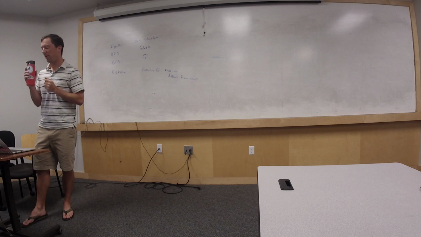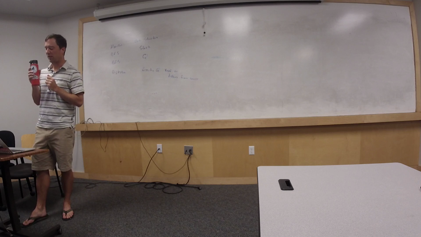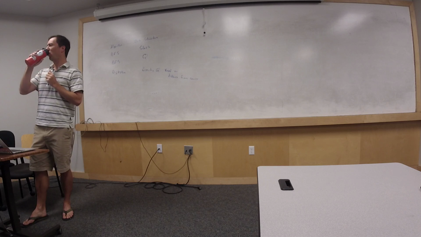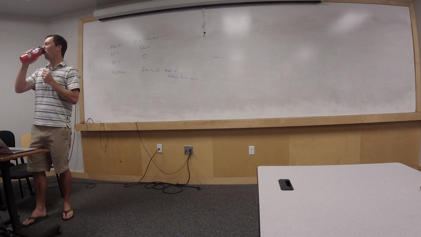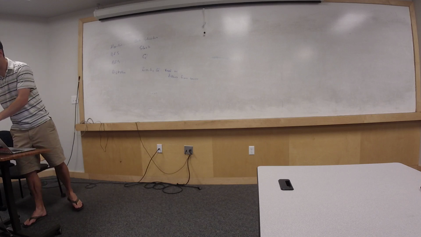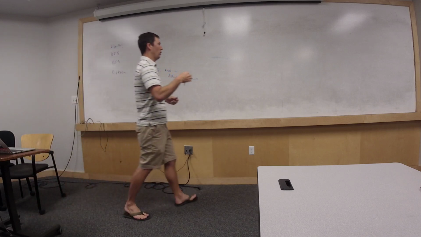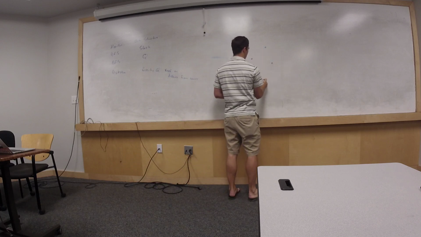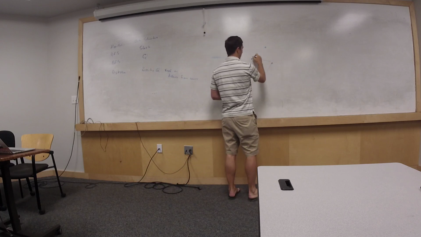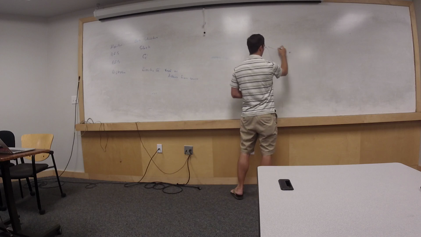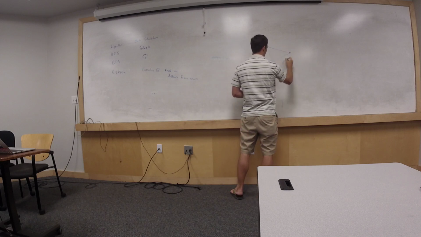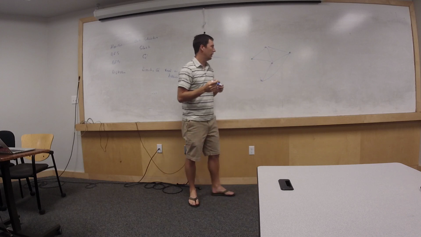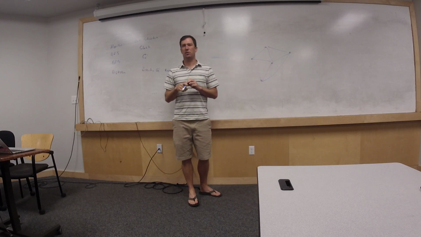So, yeah, let's talk about the algorithm. So we have a weighted graph. And then we have a source and a target that we're going to search for.